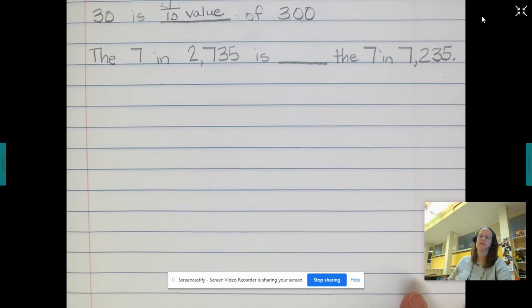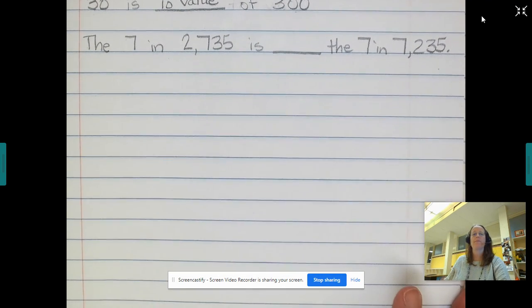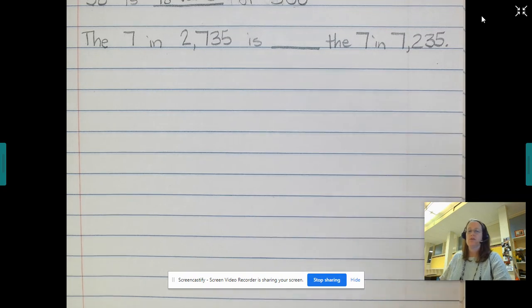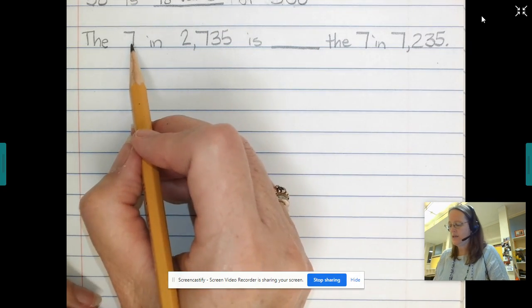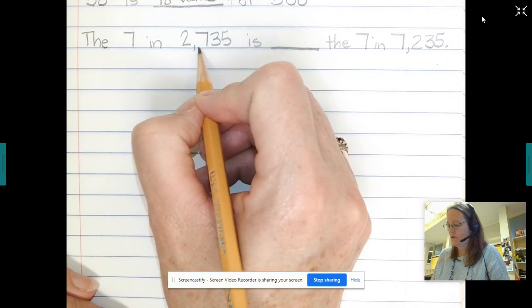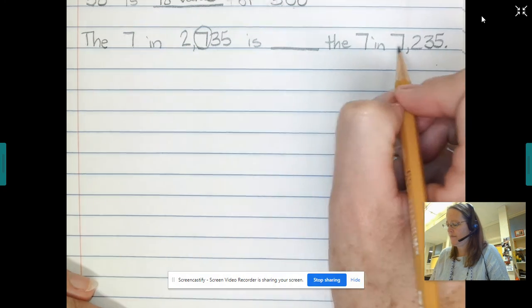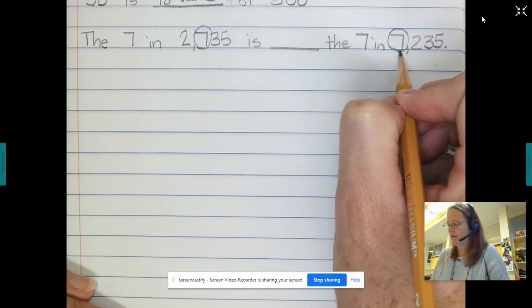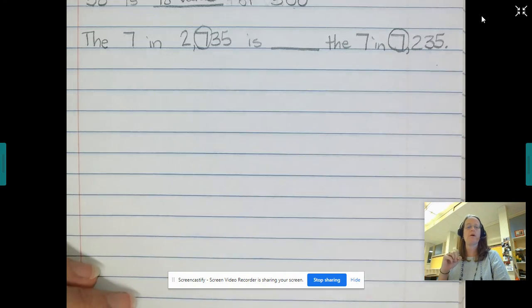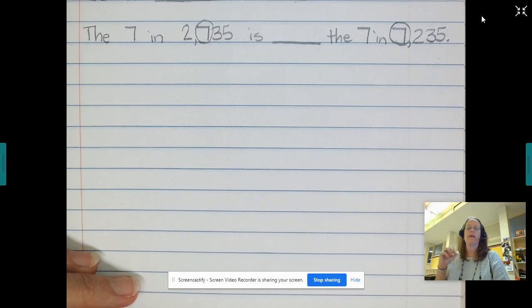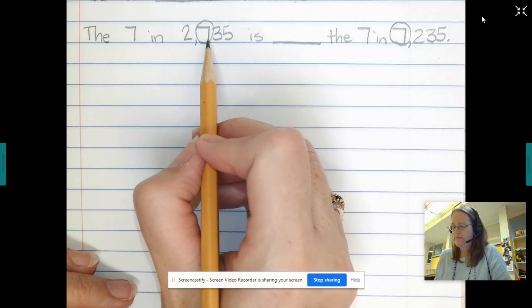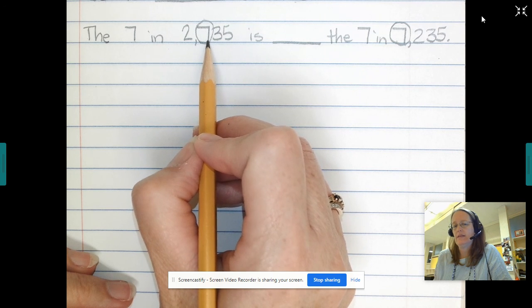Oh, it's off the screen. There we go. Okay, so I'm looking at the digit 7. So let's circle that 7. Let's use some of our problem-solving skills here. What is the value of the 7 in this number?